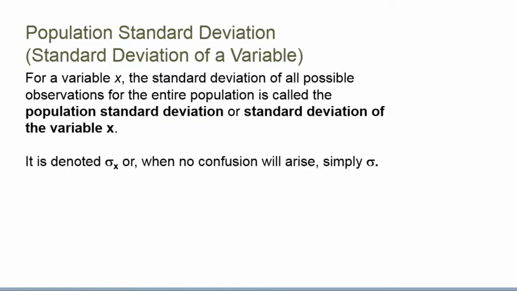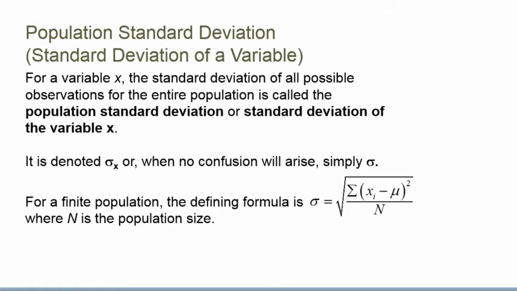It is denoted by sigma sub x, or, when no confusion will arise, simply sigma. For a finite population, the defining formula is sigma equals the square root of the sum of, in parentheses, x sub i minus mu, close parentheses squared, divided by n, where n is the population size.